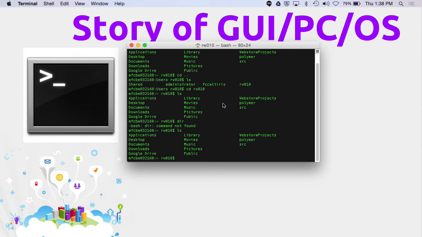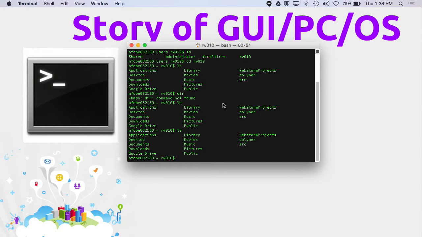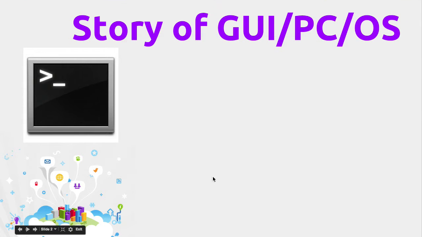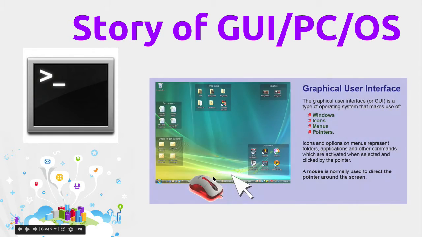So how intuitive is it to have to remember commands to want to do anything? What do you think? Is it easy or hard to remember commands? Depends on how many they are. But think about this, right? Let me go back here, because the alternative here is what got created, which is called the graphical user interface. This is very intuitive, right?